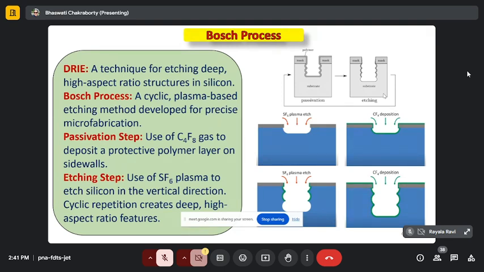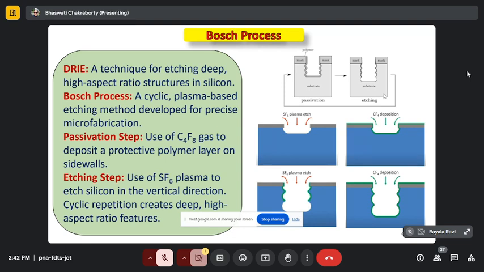When we move from the basic transistor to the 3D transistor and high-end features, the main critical thing is to have high aspect ratio etching, like a deep via or any sort of etching which requires high aspect ratio. That etch is carried out by this Bosch process, which is basically a deep reactive ion etching process.